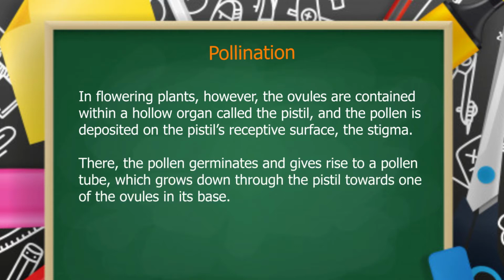There, the pollen germinates and gives rise to a pollen tube, which grows down through the pistil towards one of the ovules in its base.